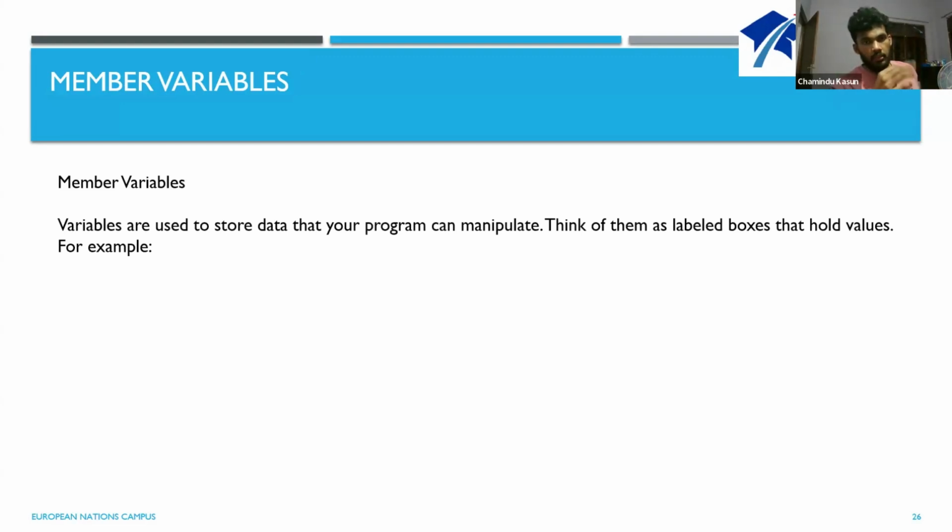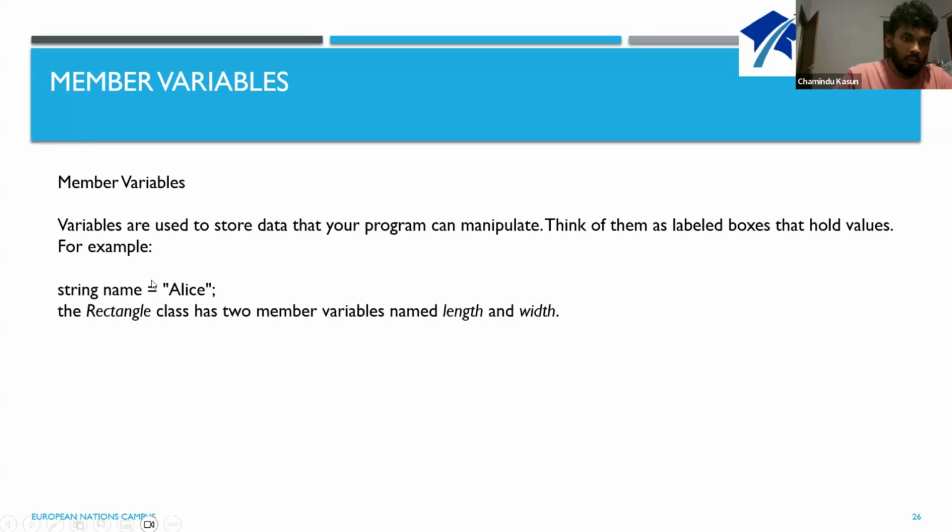A variable is like a box to store data, right? When someone asks you what is a variable, you can think it is a box to store values, for example, string name Alice.